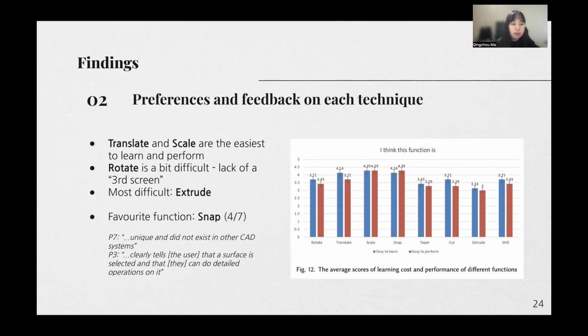This may be due to that extrusion was done by pushing the object inwards from the screen, quite different from what people are used to do. And among all the functions, snapping is actually the most popular one. Users describe it as having clear indication on later option and being unique and not existing in other CAD systems.